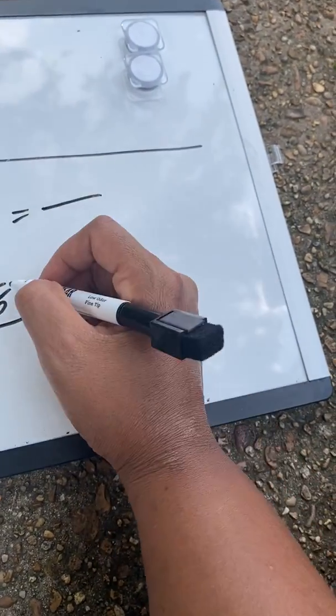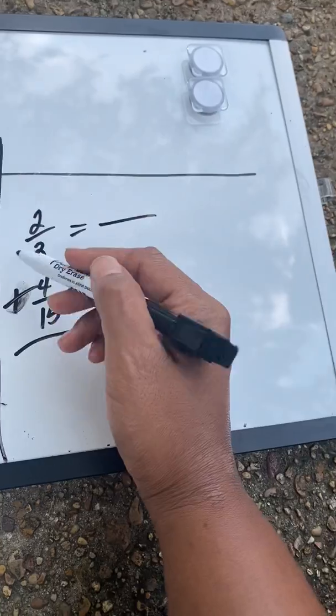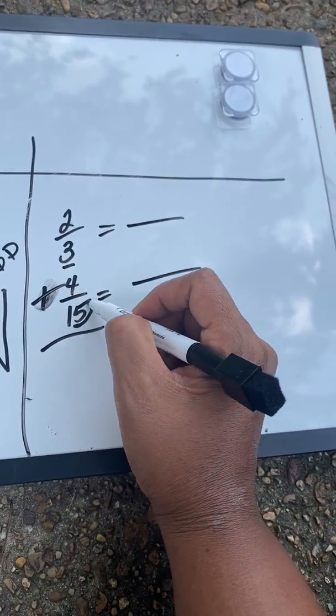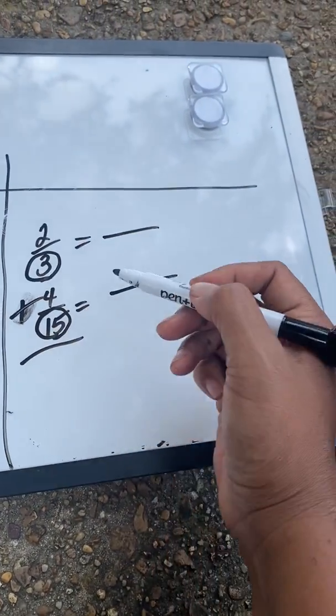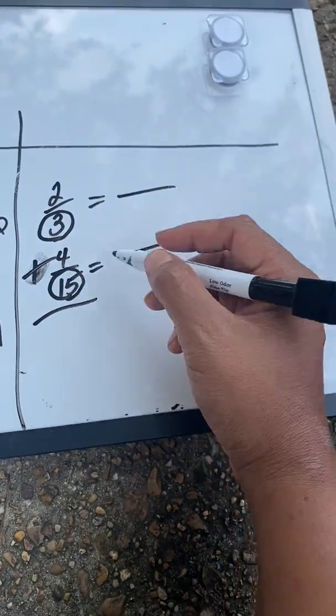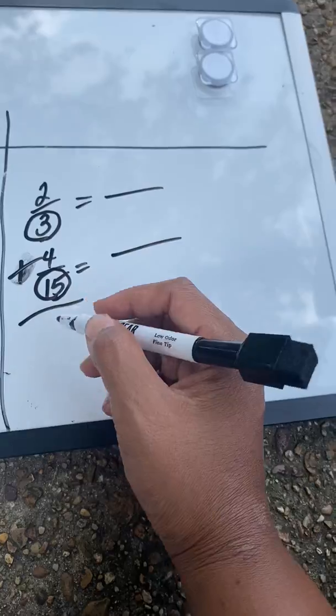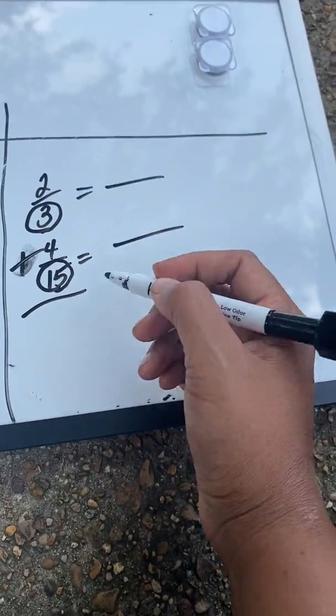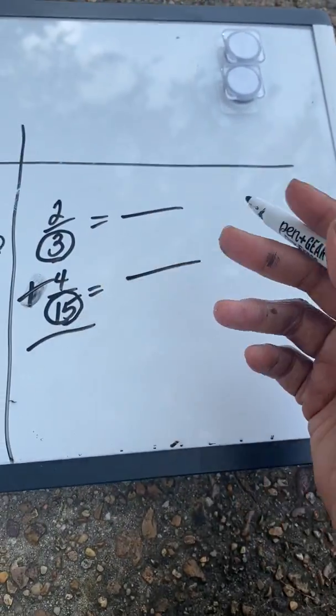Now, we see here what our denominators are, our bottom numbers. I take the smallest out of the two numbers. You can take 15 if you want. That's fine, but you have to do the same thing.